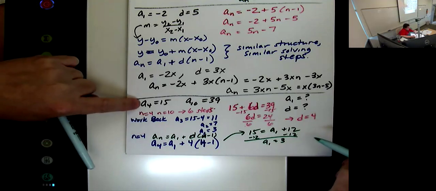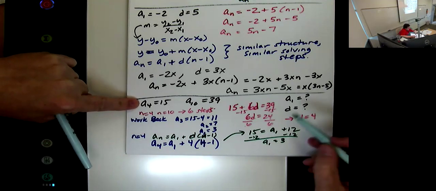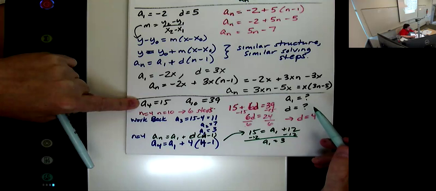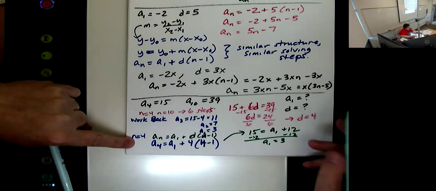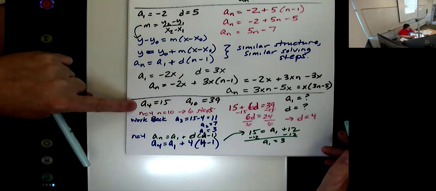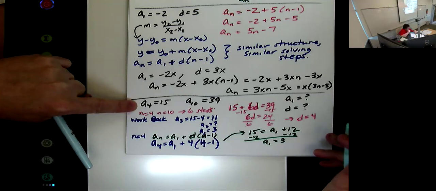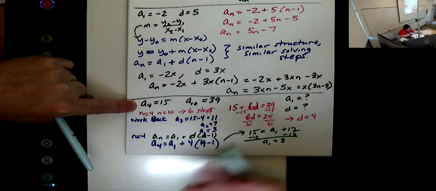If this was like a sub 20 and then a sub 30, I don't want to go back 20 times. This one's pretty quick. It's not too bad. And it's easy to go back. Do I have to go back 20 steps or 19? If I had a sub 20 and was going back to a sub 1, am I going back 20 times or 19 times?